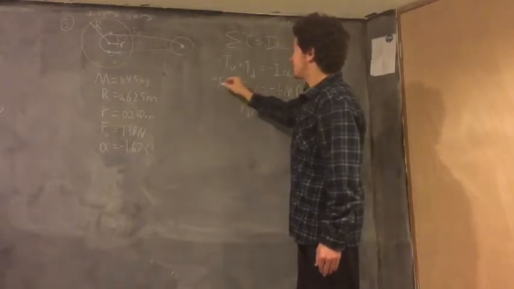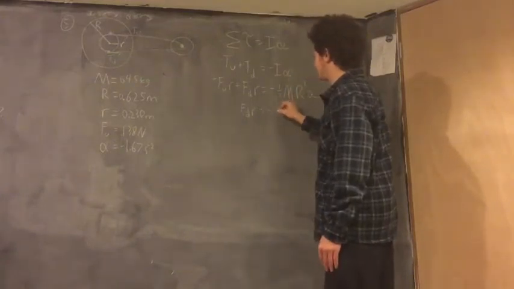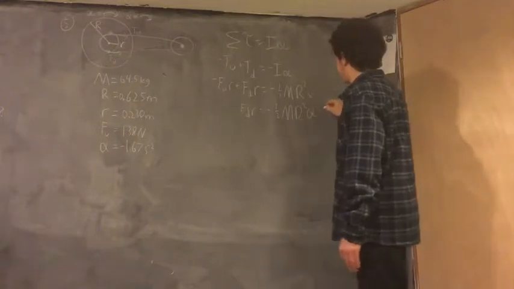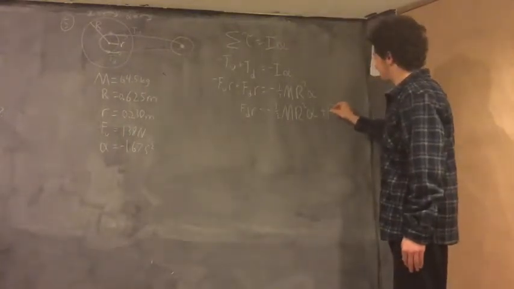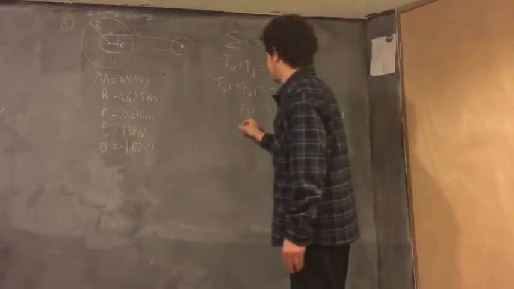So first I'm going to add this term to the other side. I'm going to divide through by the small radius.